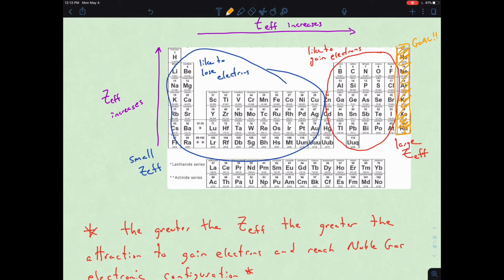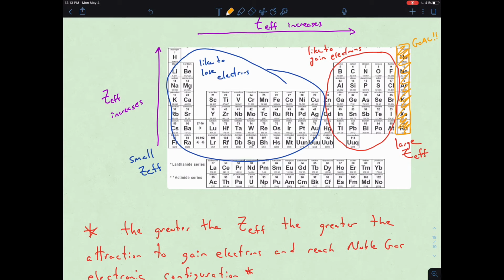Some like to lose, some like to gain. And Z effective helps to describe that. If you have a high Z effective, well, then you like to gain electrons because you actually have this great outer sheen of positive charge, and that's an attractive force to electrons coming your way. While if your Z effective is really small, well, then you don't have as much of a hold on those electrons, and it's just a little bit easier to let them go to get to the same level, right?